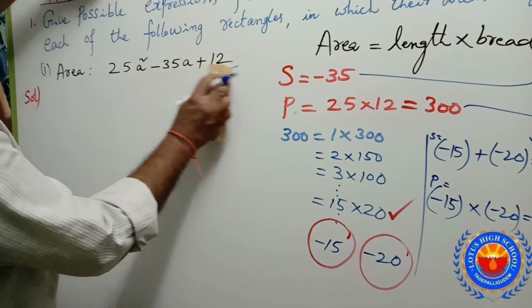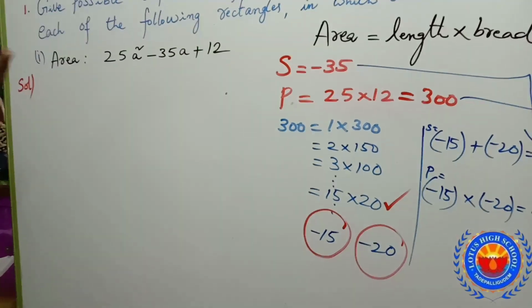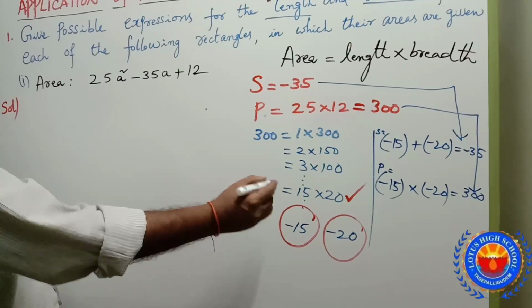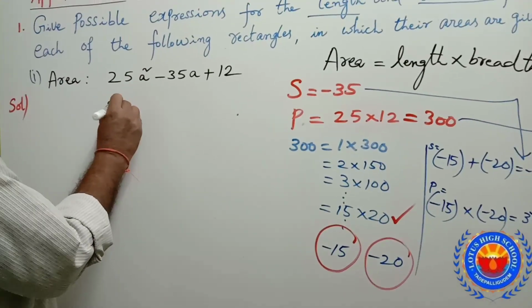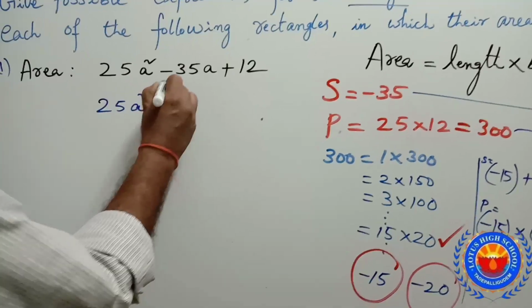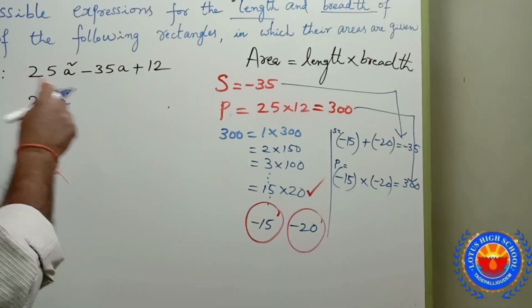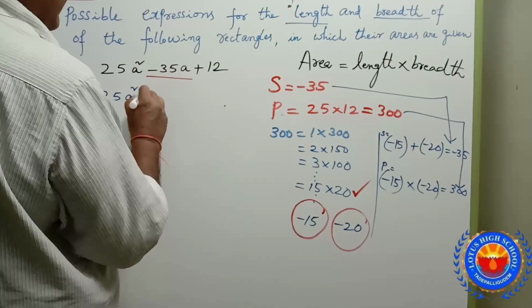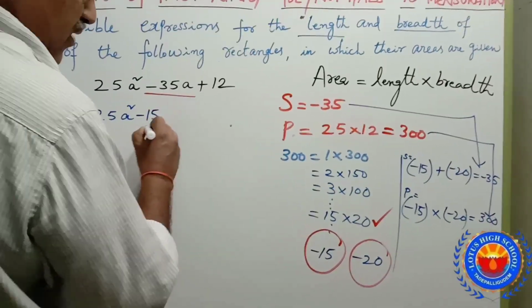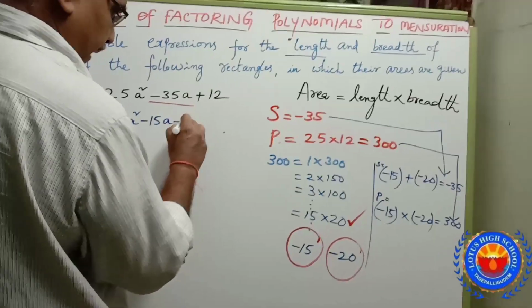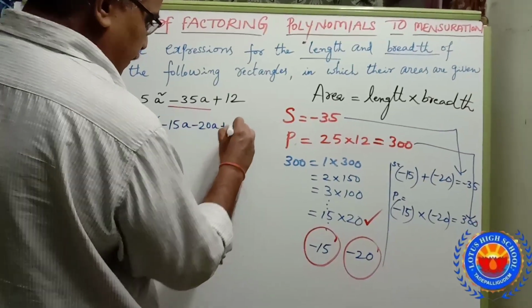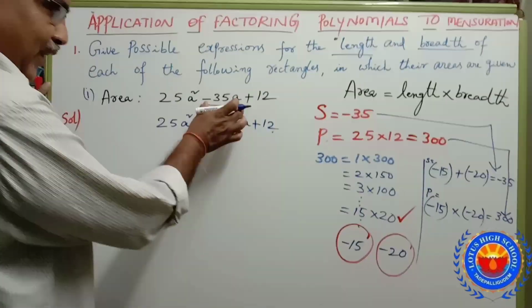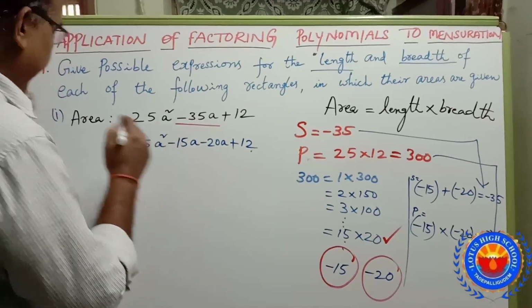Actually, I am using splitting the middle term. So 25a square, splitting the middle term, minus 35a is nothing but minus 15a minus 20a, plus 12.